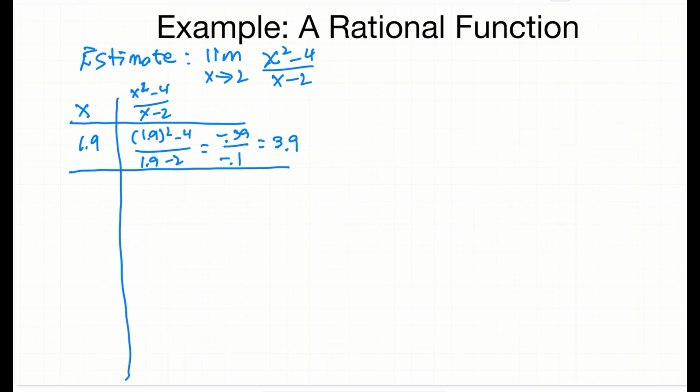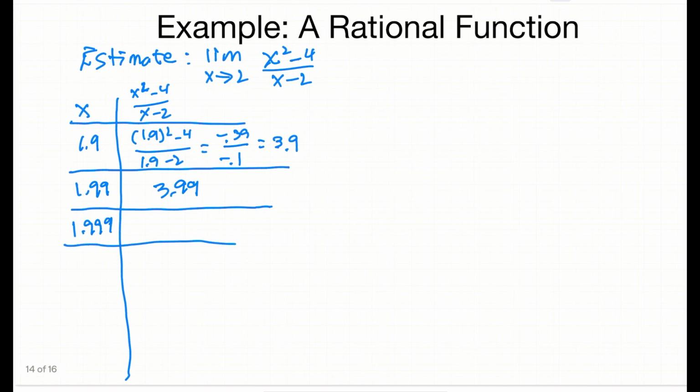Now let's look at 1.99. I'm just going to do the math for you, and you can do it on your calculator. That's 3.99. Now at 1.999, we're not going to 2, because something strange happens at 2, but we can get arbitrarily close. We can continue doing the 9s just as long as we want to.